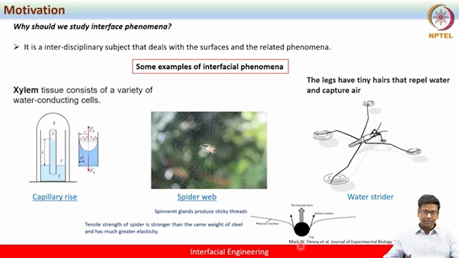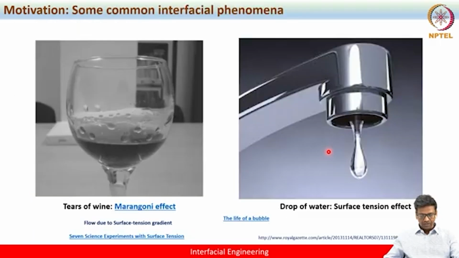Because it captures more air molecules in the pockets, they generate a net buoyant force, because of which the insect can overcome gravity and any other force that acts downward, and due to that, it can freely walk on the surface. So this is a good example of an interfacial system, and there are several examples.